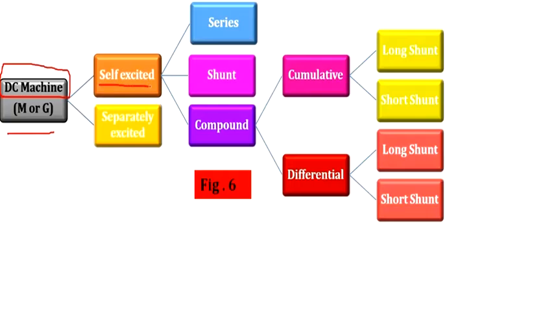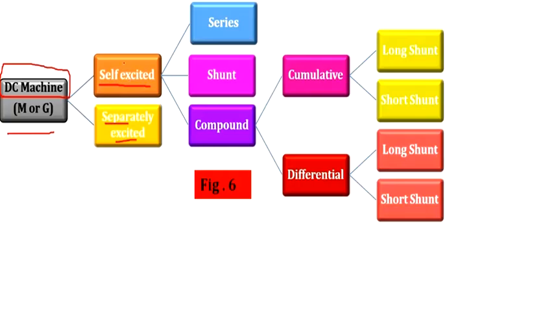The DC machine can be classified into two different types based on the excitation: self-excited and separately excited. Excitation means exciting the field winding, magnetizing the coil, giving supply to the coil and producing magnetism inside the machine.